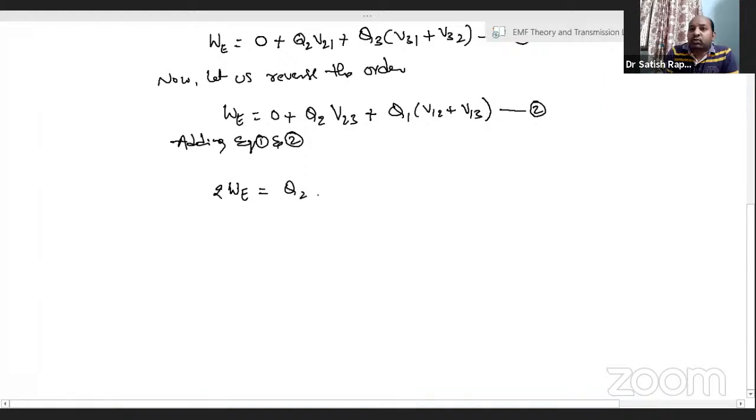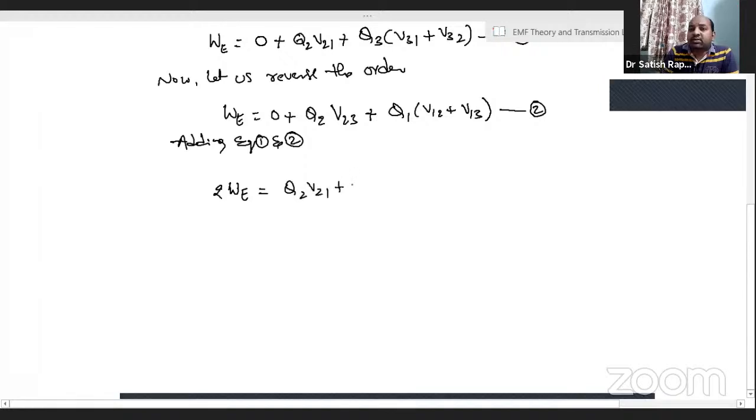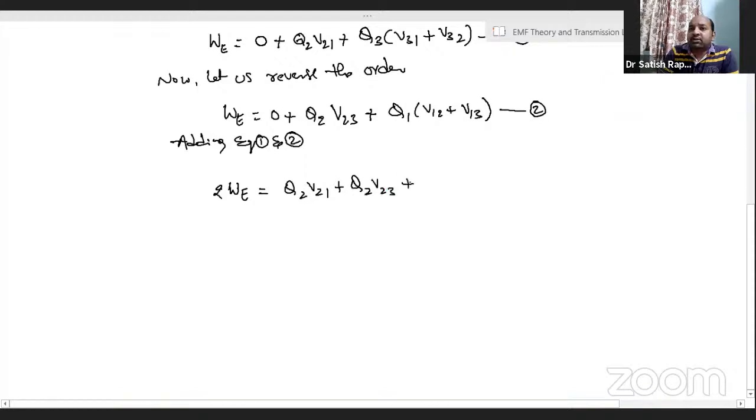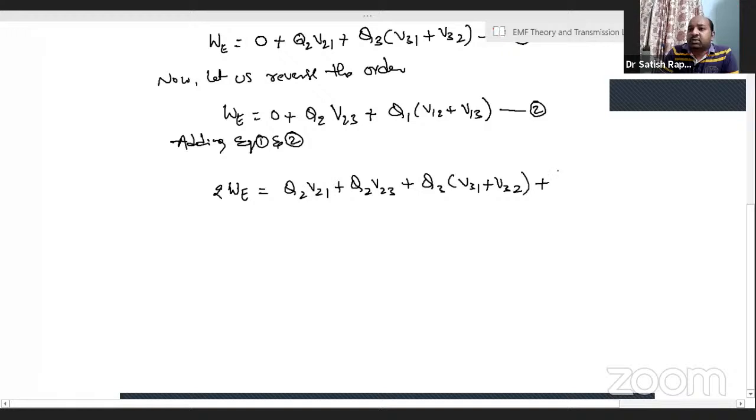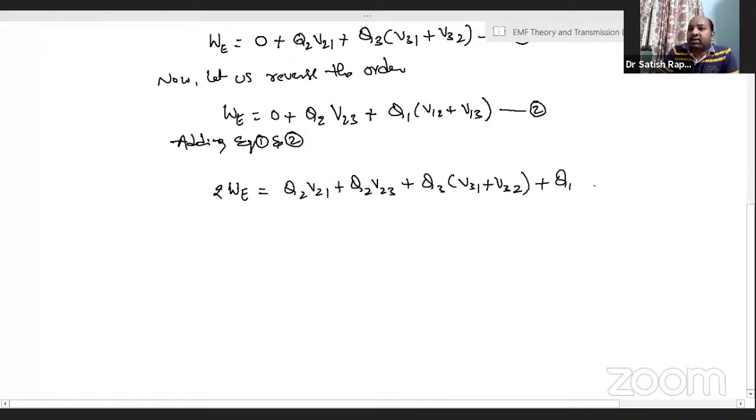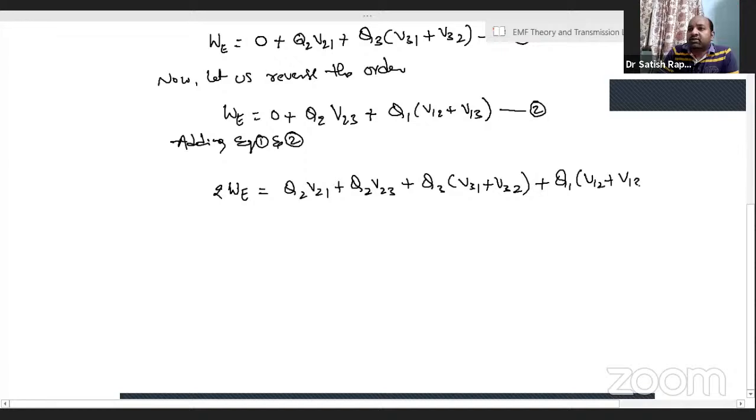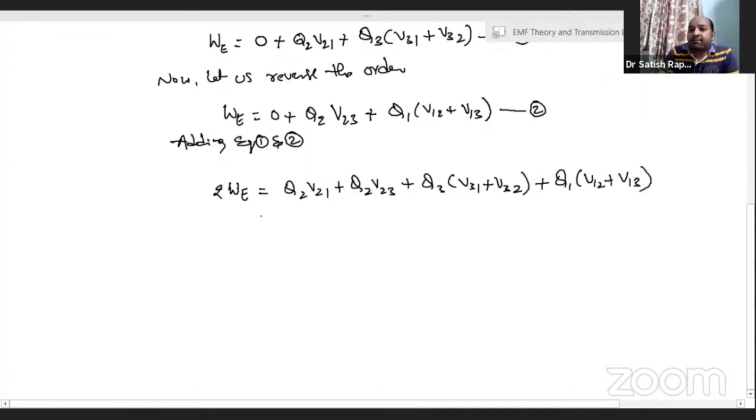Q2 V21 plus Q2 V23 plus Q3 V31 plus V32 plus Q1 V12 plus V13, right?